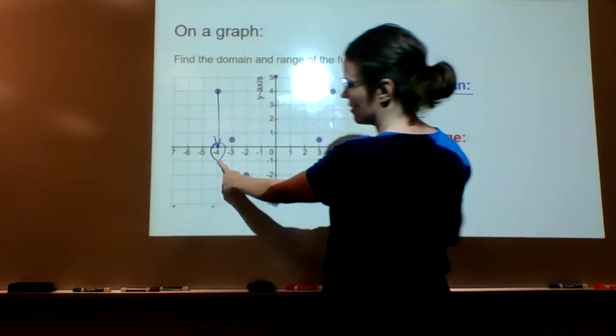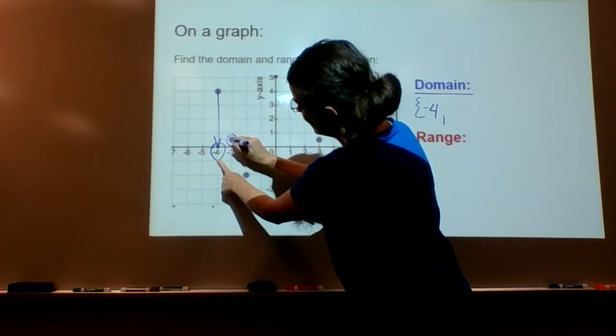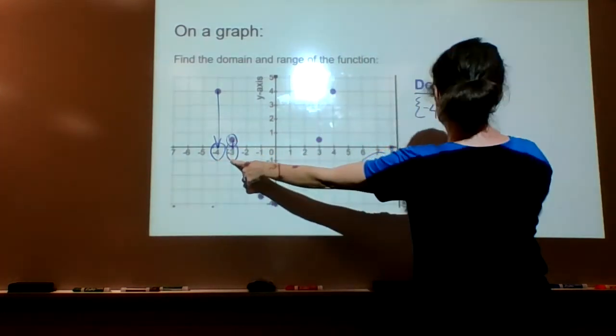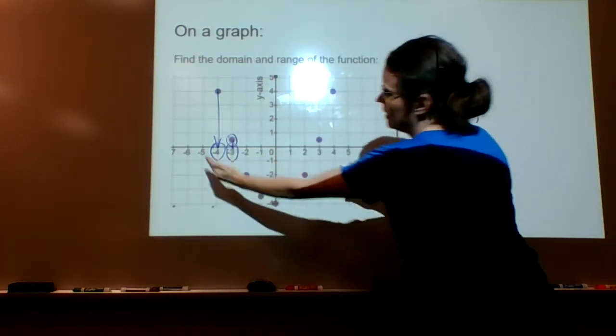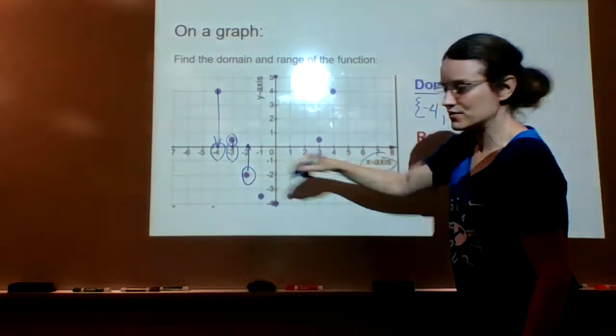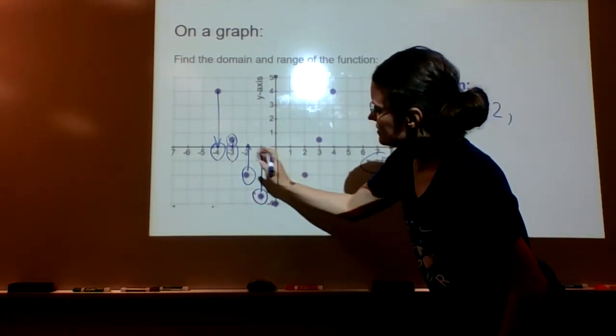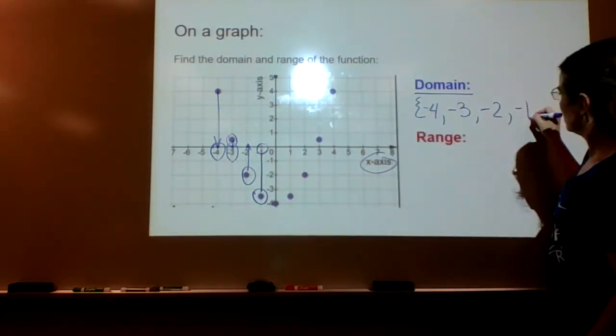This guy right here hits at -4. This guy here hits my axis at -3. Coming over, this guy hits the x-axis at -2. We've got one here, and he's over at -1.